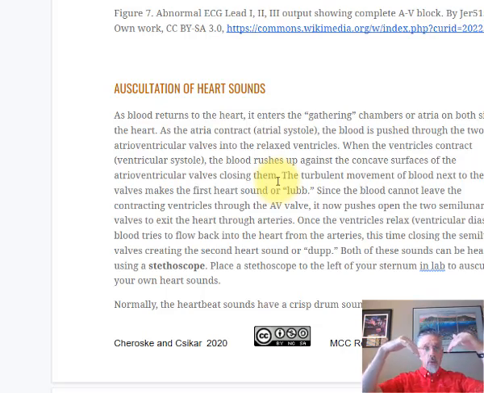It's going to catch like the wind going into an umbrella. It's going to bring those cusps together, close it off. Now the blood is turbulently mixing next to it. It can't go through, so it's got to exit out our other valves, which are going to be like the aortic valve and the pulmonary valve, the semilunar valves, right? So the first sound comes from the AV valves closing, both the left and the right.